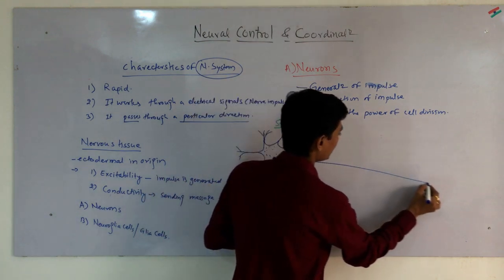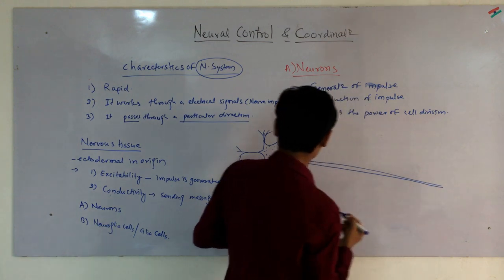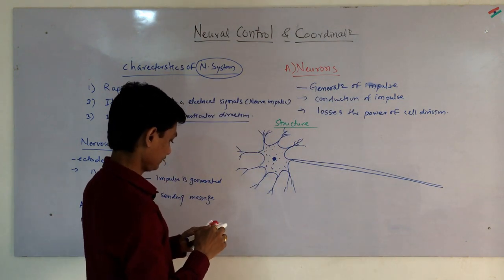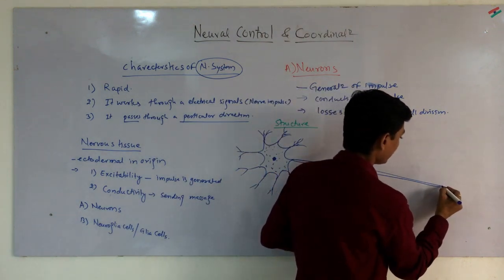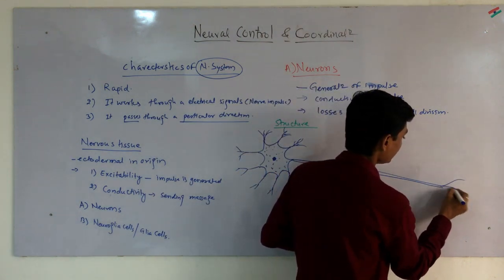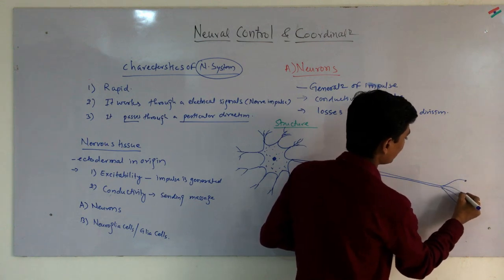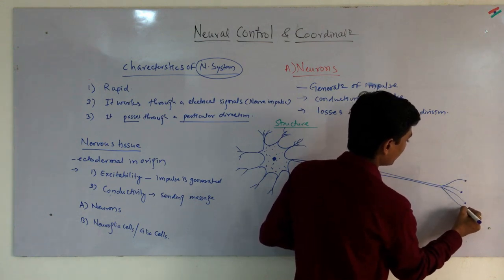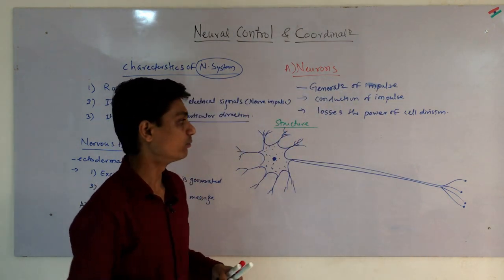That long process is nothing but the axon. And the axon gets terminated by axon terminals, and at the axon terminal end there is a swollen structure known as the axon end bulb.